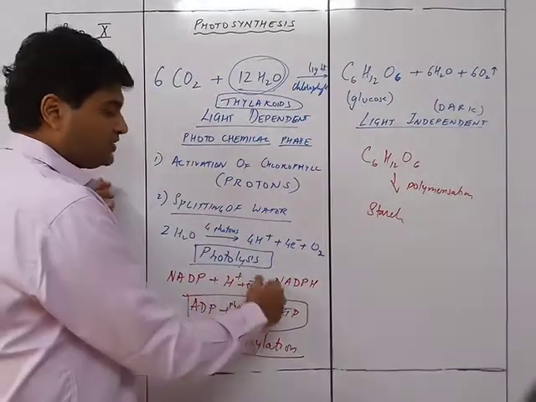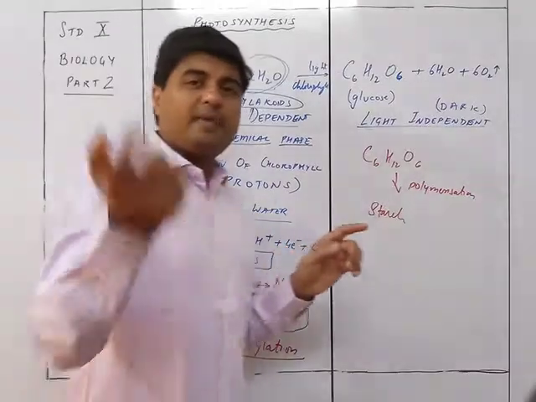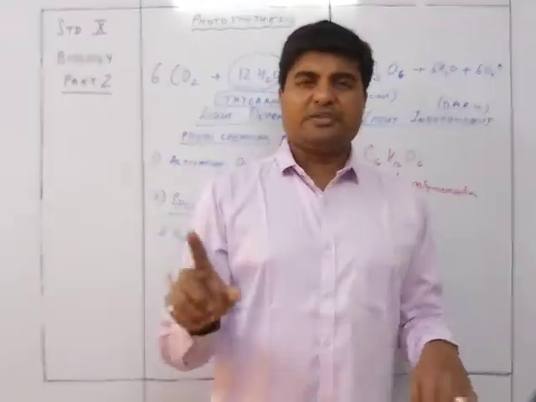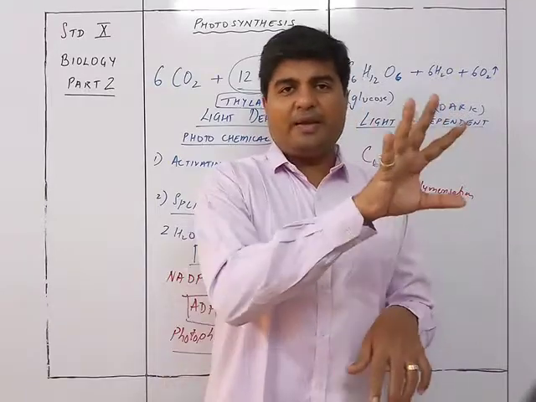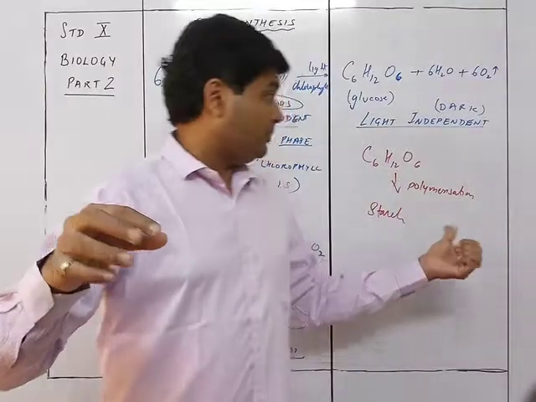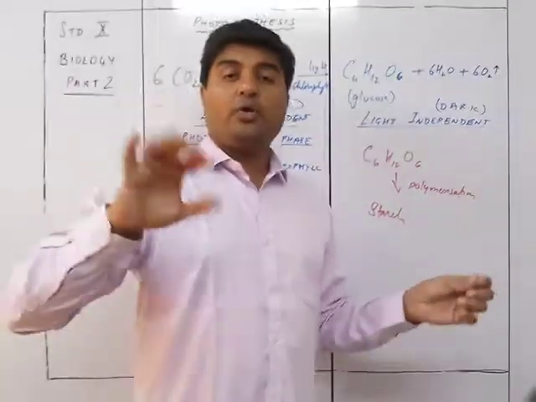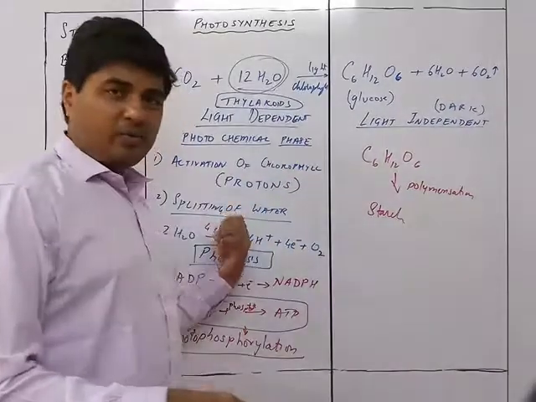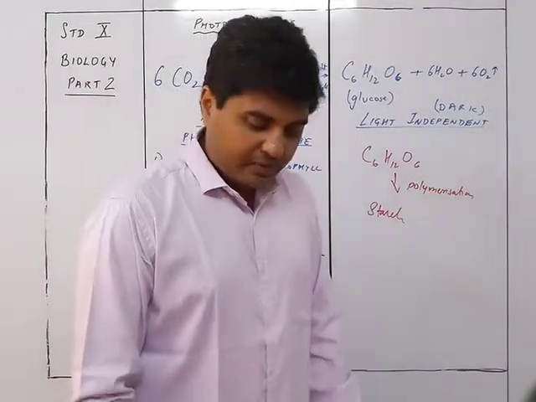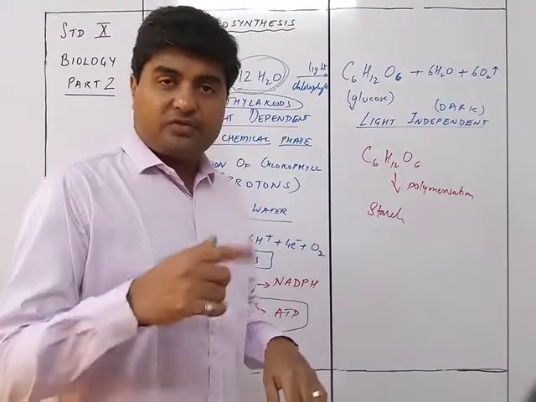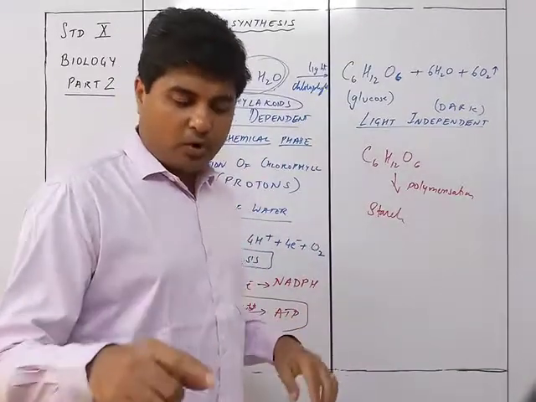This process of NADP to NADPH and NADPH to NADP is going to keep on cycling. NADP will get converted to NADPH, and NADPH during the independent phase gets converted to NADP again, and then it comes to the dependent phase again, and so on. At the same time, ADP to ATP is also a process which keeps going on.